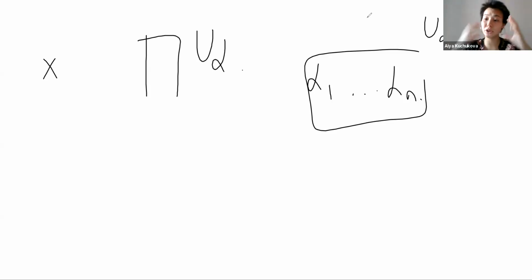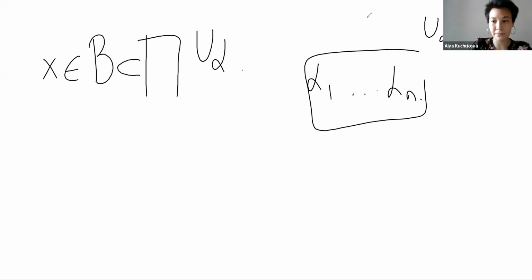And so to show that our uniform topology is finer than the product topology, what we need to do is find a basis element of the uniform topology which contains x but is inside of this. So we have to find something in between these two things, right? And I guess that's not that hard, right?